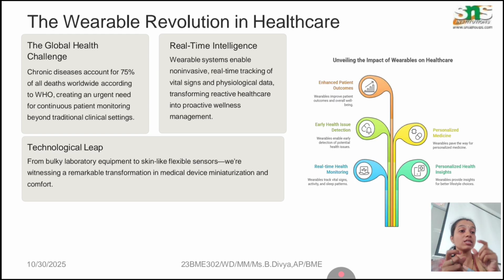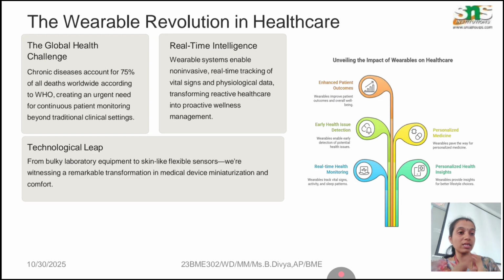For example, we can take this BP machine. Previously it could identify only the blood pressure, by pumping the air pressure using our hand. Now, in a single piece of equipment, we can check the BP, the height of the patient, the weight of the patient, and all those things.